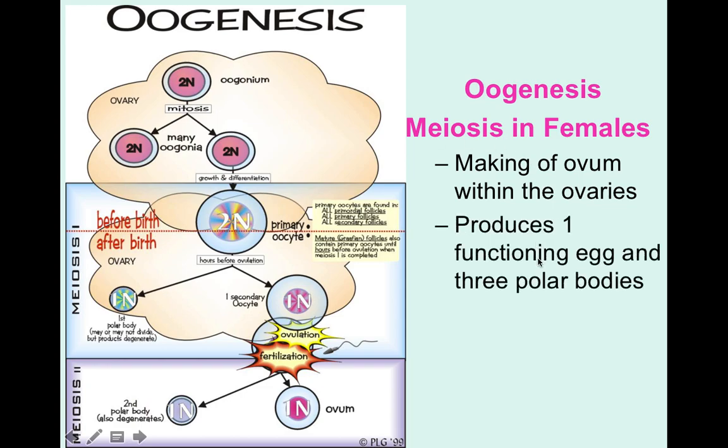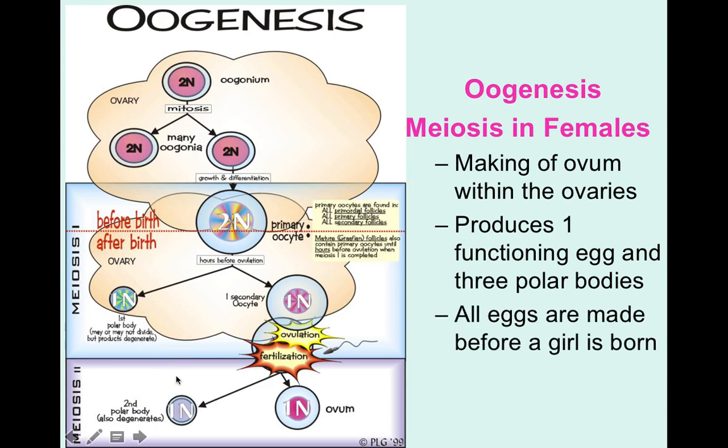But unlike the male production of sperm, when a female produces her eggs, only one functioning egg is produced, even though the cells divide twice and produce four unique cells. Only one of them is an egg. The other three are called polar bodies, which are discarded and cannot develop into an offspring.